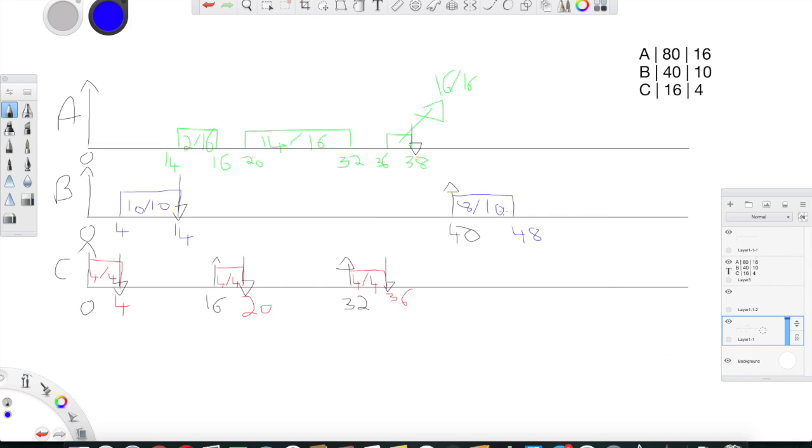Why? Because at clock tick 48, task C returned back to the system. And task C has the highest priority because it has the shortest period. Therefore, task B only executed for 8 clock ticks from 40 to 48.